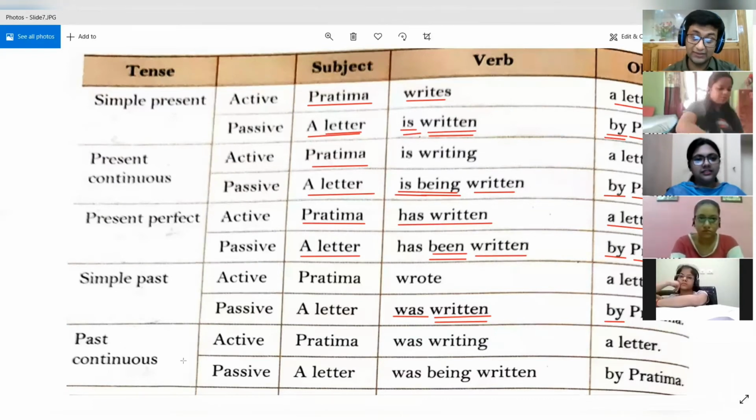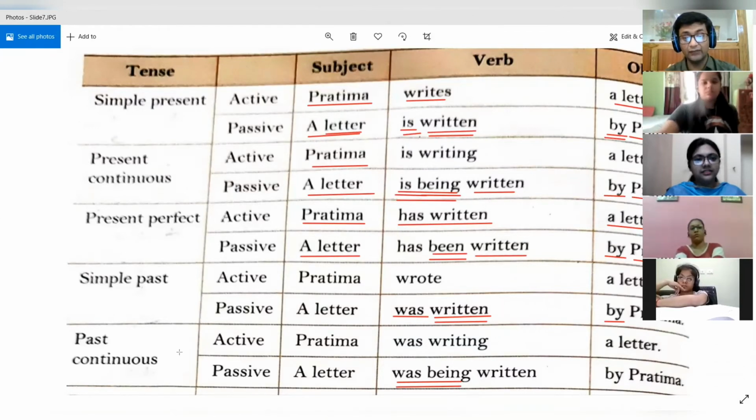Now let's see the past continuous form. So what is happening? Was being written. So in the present continuous form, you see it is being written. And for the past continuous form, it is was being written. So was being is the correct form of the be verb for the sentence when it is converted from active voice to passive voice, when the sentence is in past continuous form. All right.